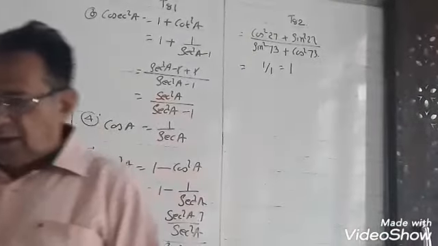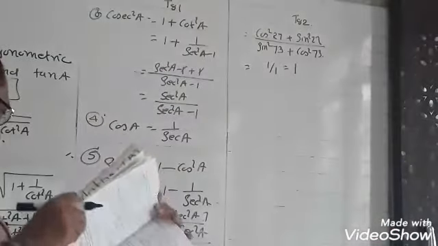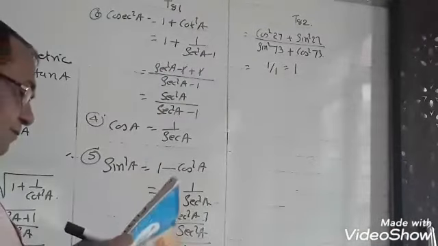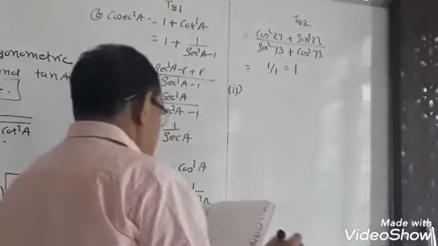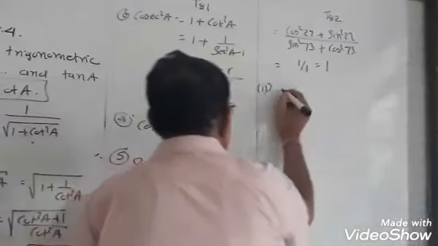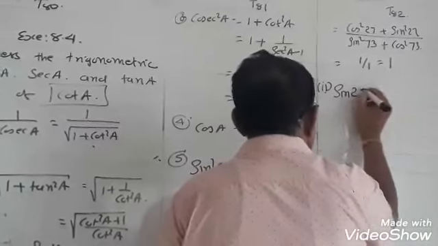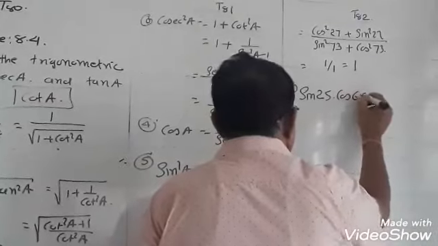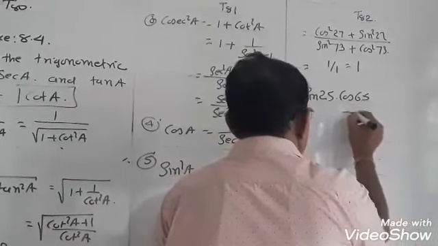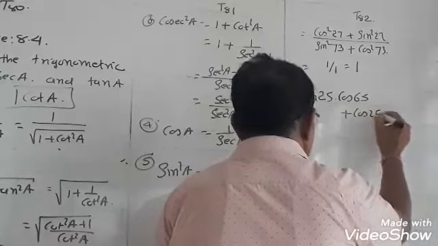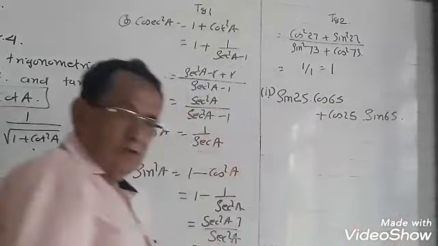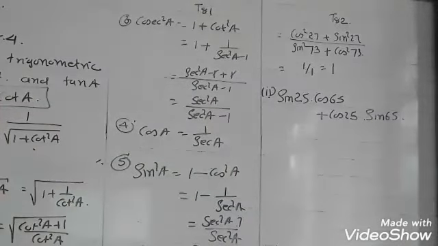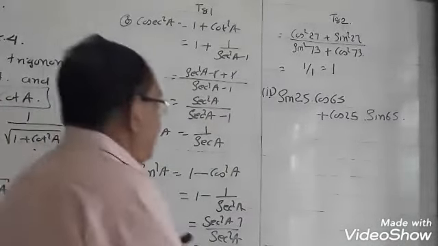Got it? Example number 2. Sin 25 cos 65 plus cos 25 sin 65. Convert this one into that form.